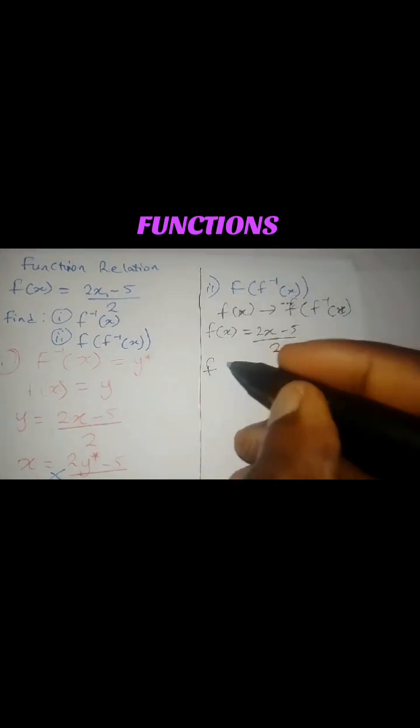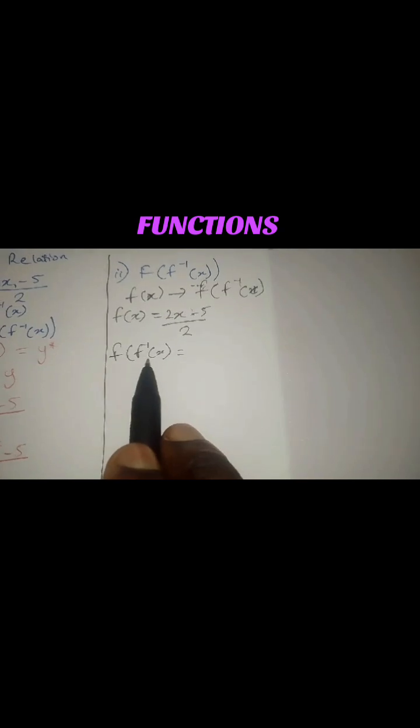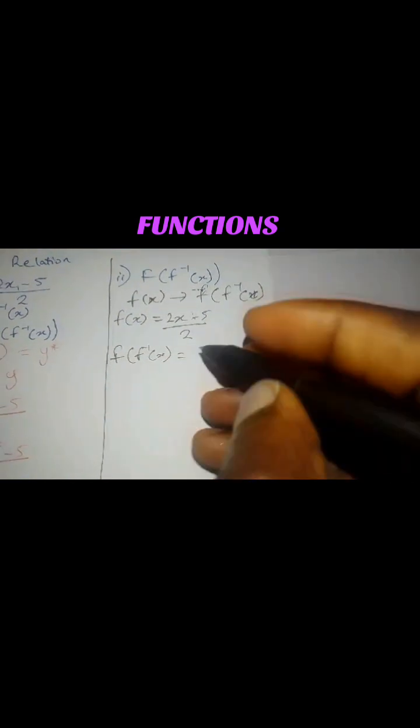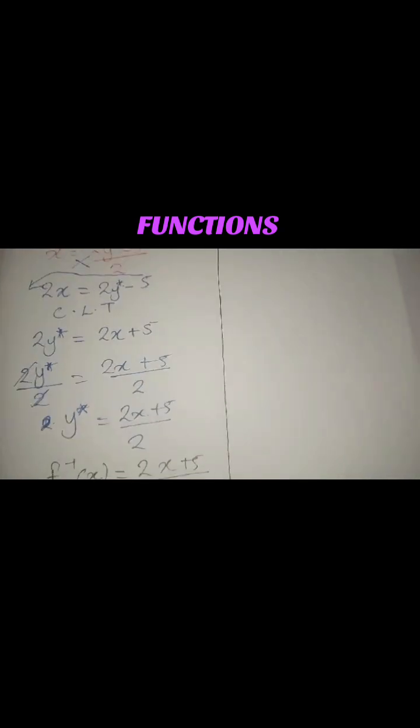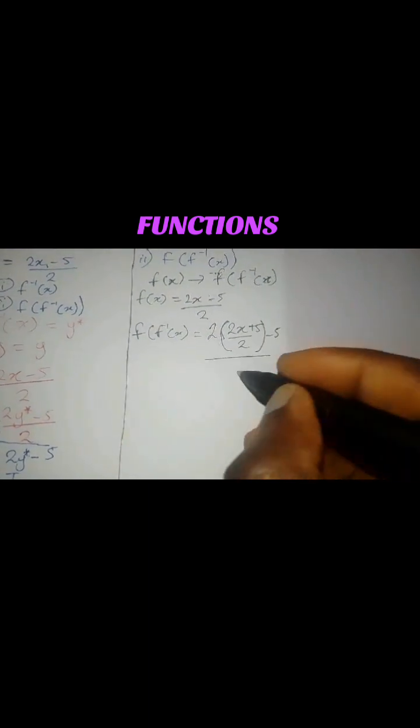That means f of f inverse of x becomes, anywhere I see x, I'm going to put the value of f inverse of x. So I can say 2 into brackets, this x here, I'm going to put the value of f inverse of x that I got here. So it's going to be 2x plus 5 divided by 2, everything minus 5, divided by 2.